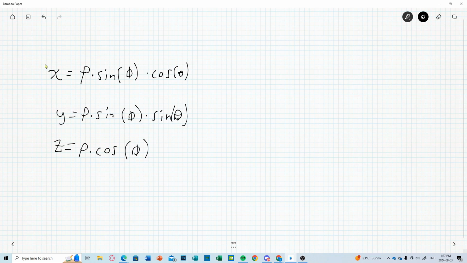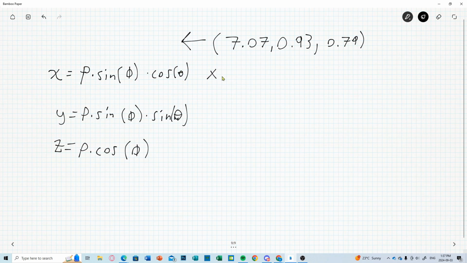So if we use the same numbers as before with our coordinates, we're going to have 7.07, 0.93, and 0.79, and we're going to put that in to try to get back our Cartesian coordinates.